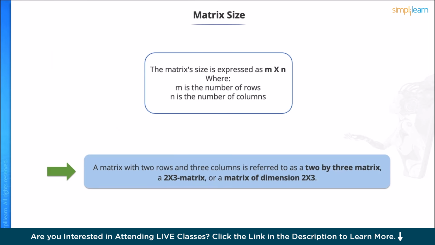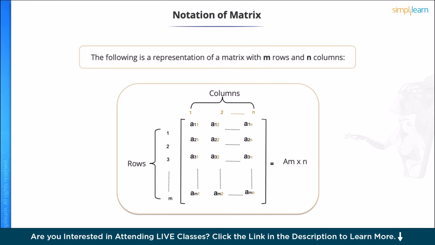Matrix size. The matrix size is expressed as m cross n, where m is the number of rows and n is the number of columns. A matrix with 2 rows and 3 columns can be referred to as a 2 by 3 matrix, or a 2 cross 3 matrix, or a matrix of dimension 2 cross 3. Notation of a matrix.